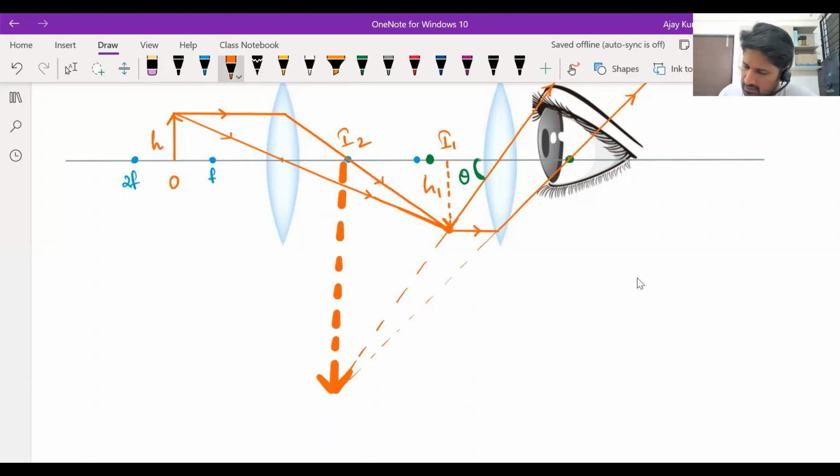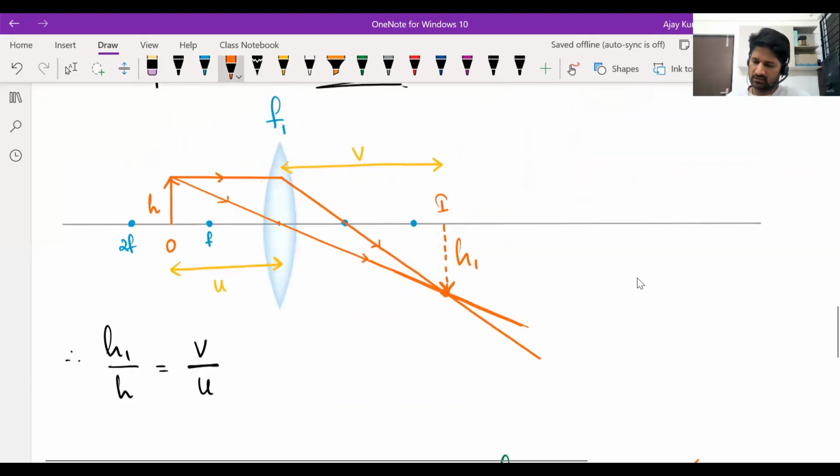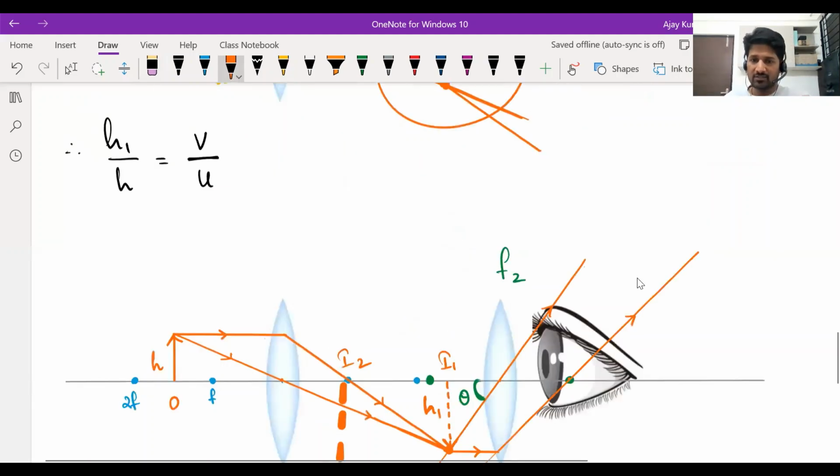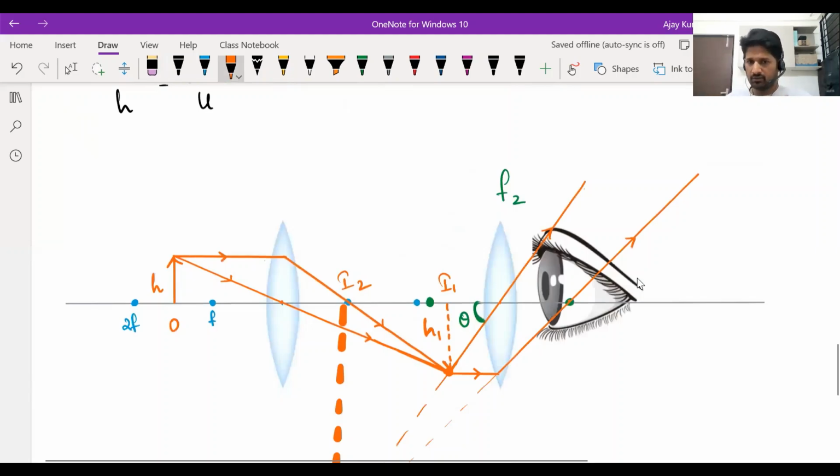H1 is the height of the image formed by the first lens that we have already discussed. That image formed by the first lens behaves as an object for the second lens. Assume it is placed at a distance small d from the second lens. Then we can say that, Rishi, tell me, what is tan theta equal to from this diagram?